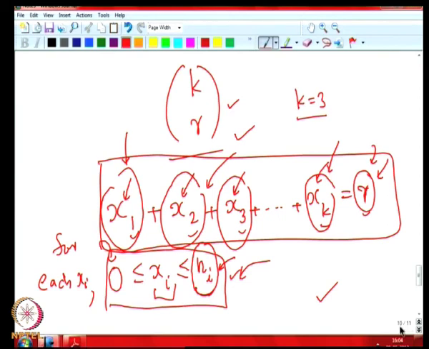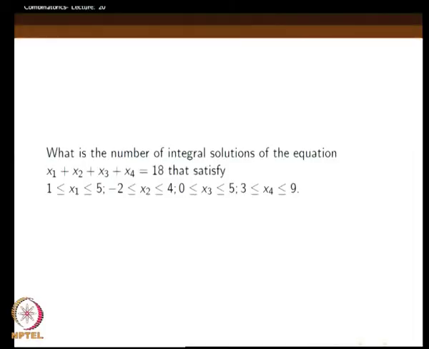The next question we want to consider is along this line. We put more restrictions and see whether we can solve it. We are stretching ourselves further. What is the number of integral solutions of the equation x1 plus x2 plus x3 plus x4 equal to 18 that satisfy 1 less than or equal to x1 less than or equal to 5? Here, instead of 0 less than or equal to x, we are putting 1, and an upper limit is also added.